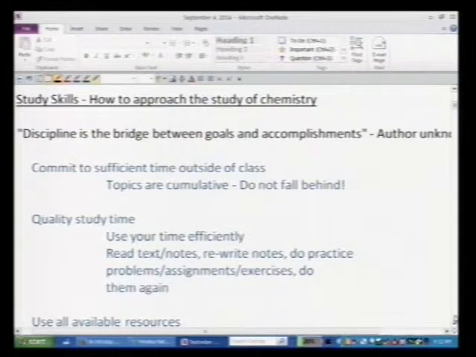Okay. So just how to approach the study of chemistry. There's this little quote: discipline is the bridge between goals and accomplishments. Okay. At this point, I usually go into a little spiel about, think of this as if you guys were athletes. I find most of the time I have a lot of kinesiology students in the course, and they can relate to that.